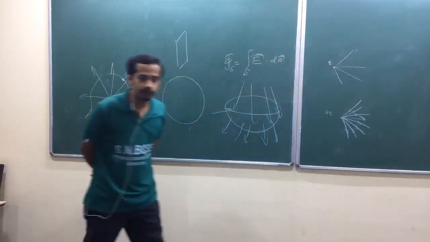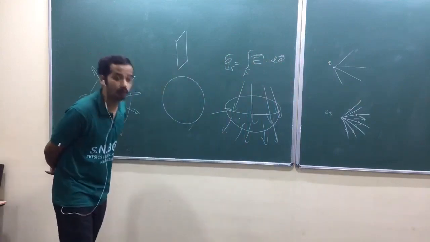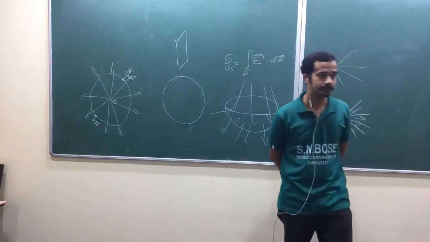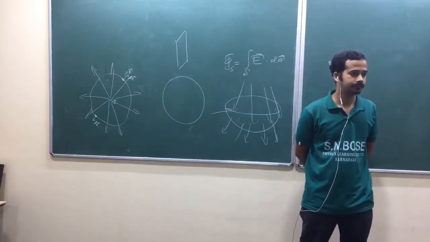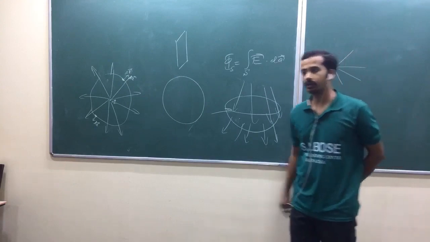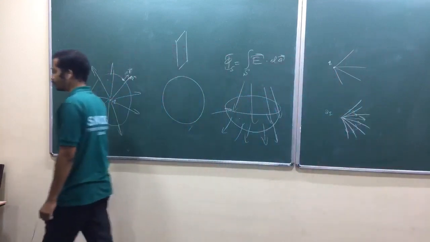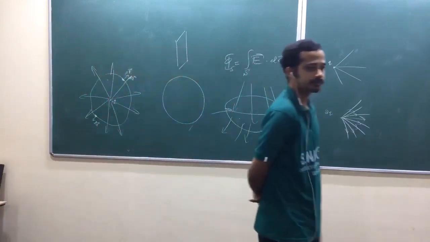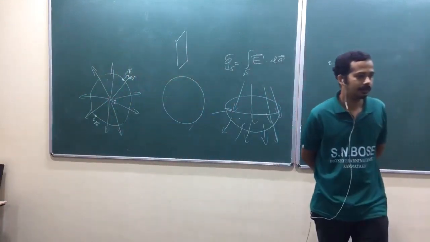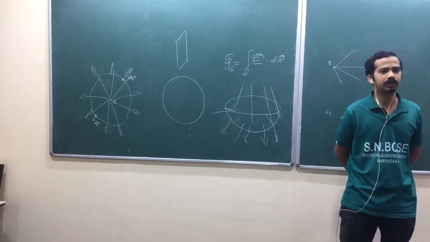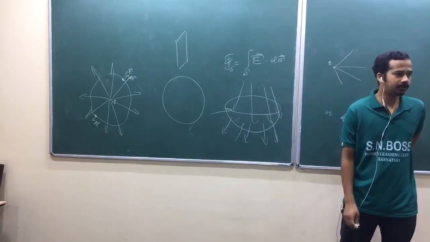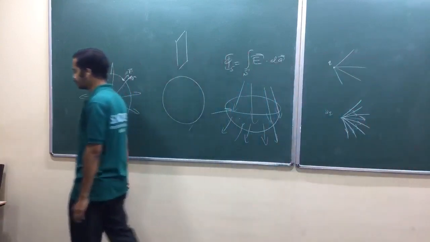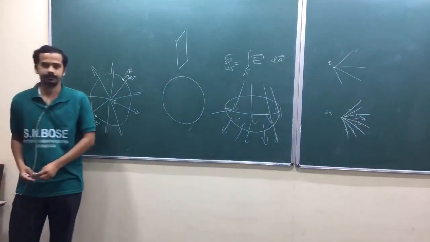Choosing the dA vector outward from the region of a closed surface is to make net outward flux positive and net inward flux negative.